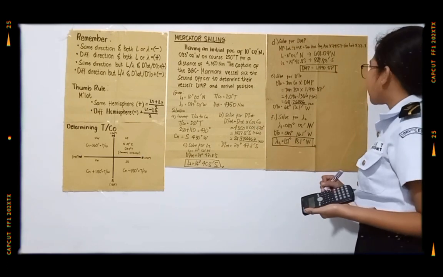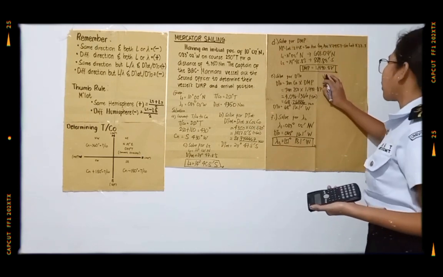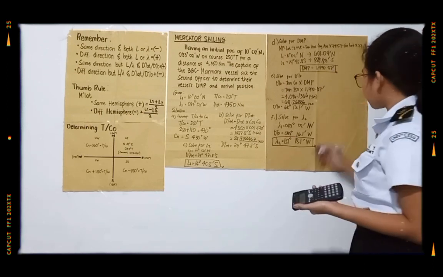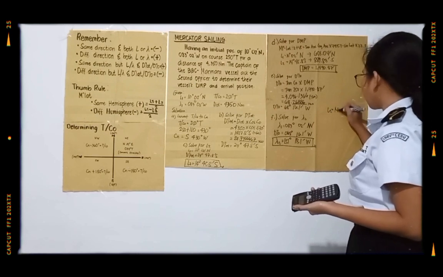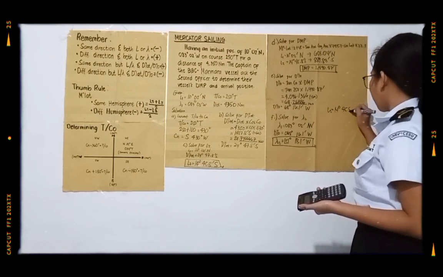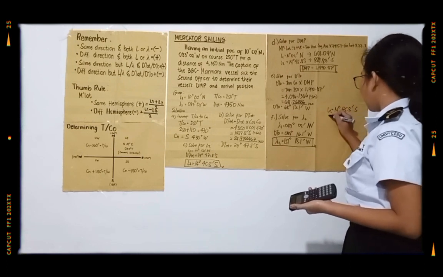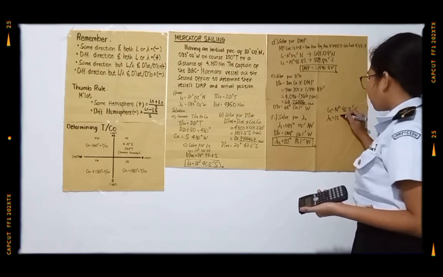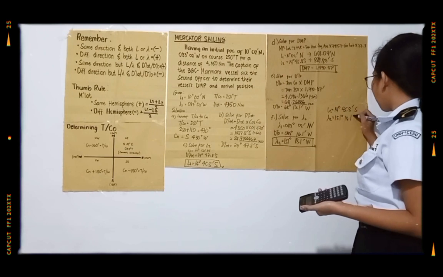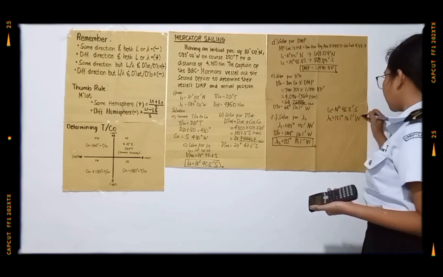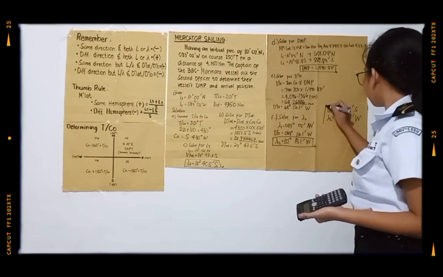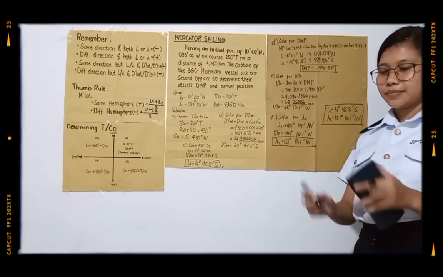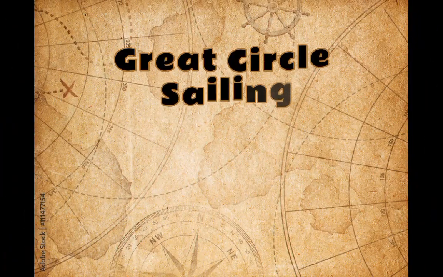So the vessel's DMP is 1,490.87 minutes and its arrival position is L2 equal to 14 degrees 45.8 minutes south, and longitude 2 is equal to 151 degrees 18.1 minutes west. So that's all.